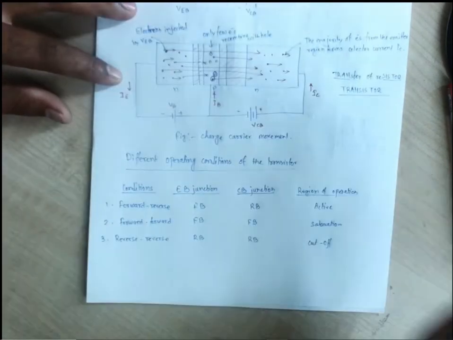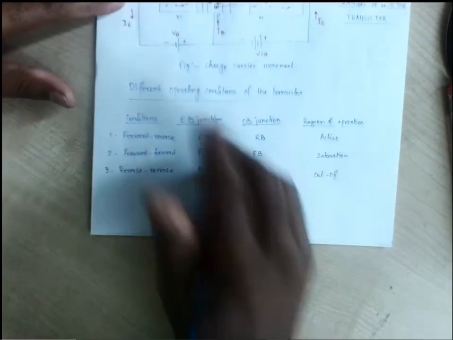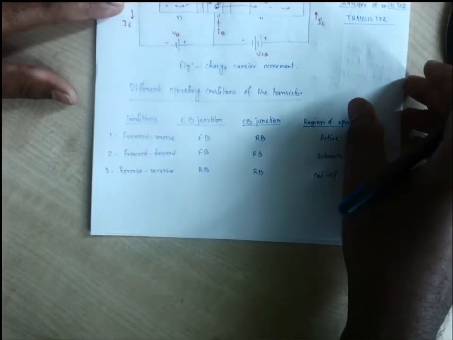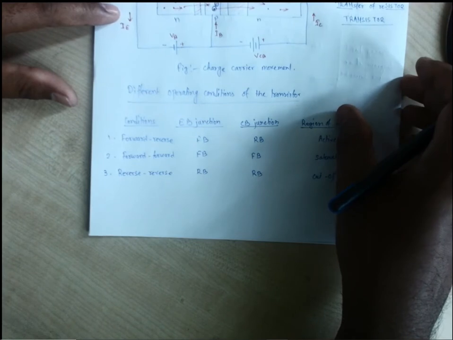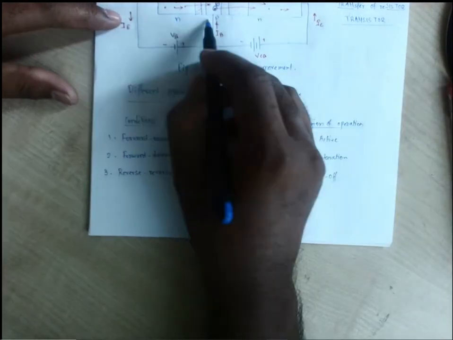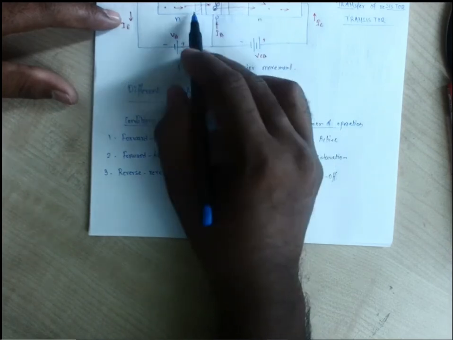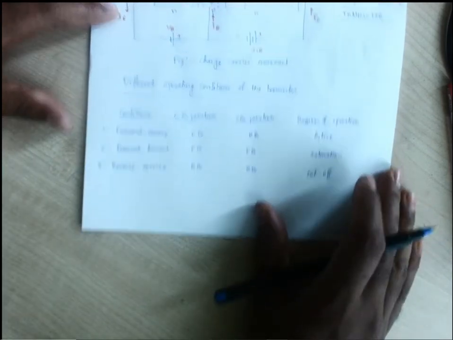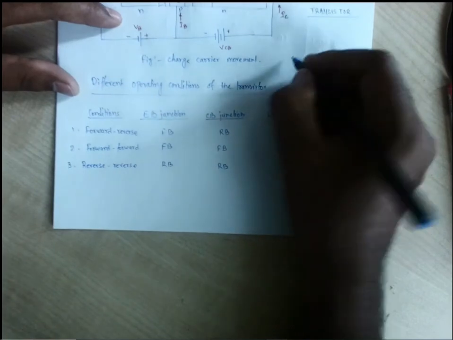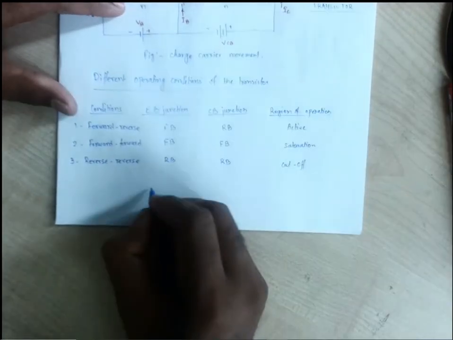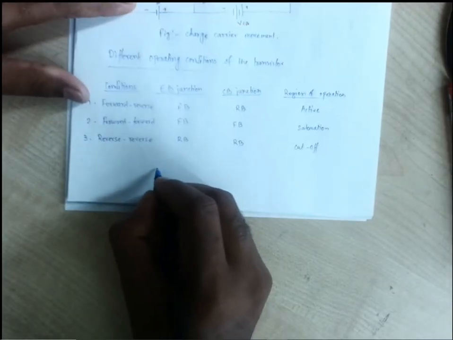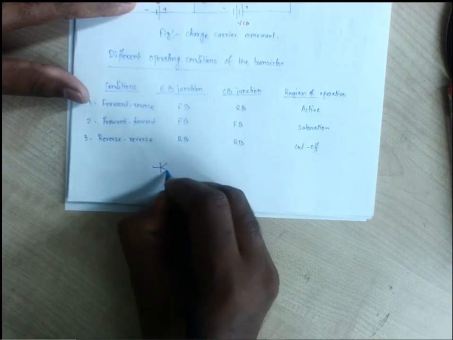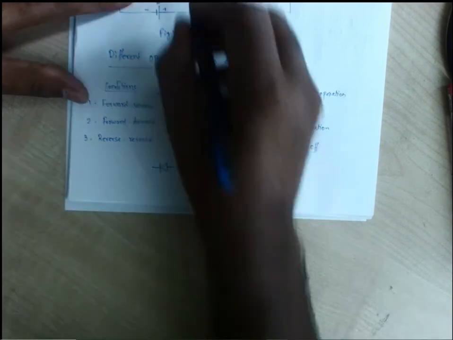Now, what I said previously: if we connect two discrete diodes back to back, can we have the operation of a transistor or not? So here is one NP junction and another PN junction. If we look at this circuit, one diode is connected like this, NP, and then another diode, PN.